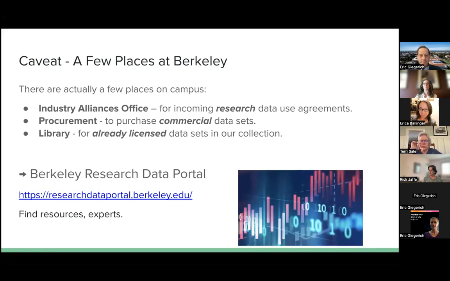And the Berkeley Research Data Portal is hopefully a one-stop shop for resources and experts on the Berkeley campus, all things data. If there is something you're surprised isn't there, do let us know and we will talk about putting it there.